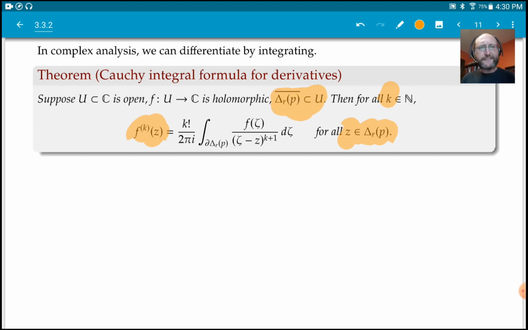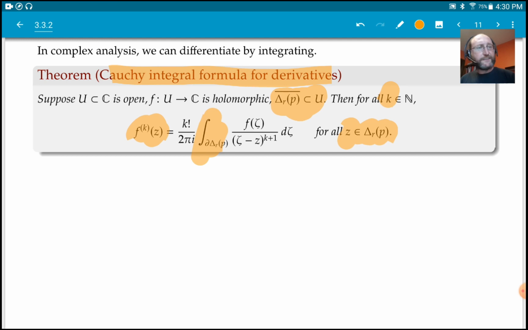So this is basically a Cauchy integral formula for derivatives, right? The kth derivative of f has a formula that looks very much like Cauchy's formula, right?